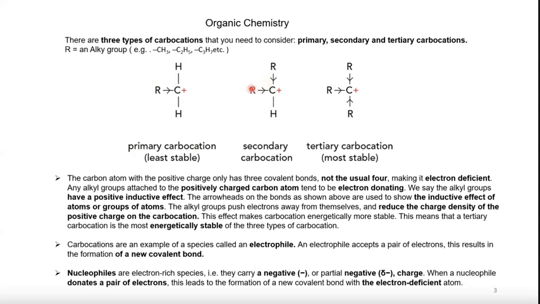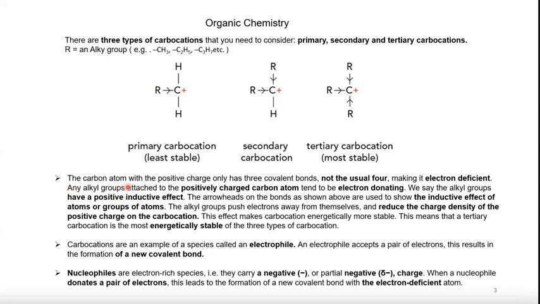And then if we attach two alkyl groups like this, we get a secondary carbocation, and then we have a tertiary carbocation, with three alkyl groups attached to this carbon atom. An alkyl group is CH3 or C2H5, C3H7, etc. Many alkyl groups we do have.